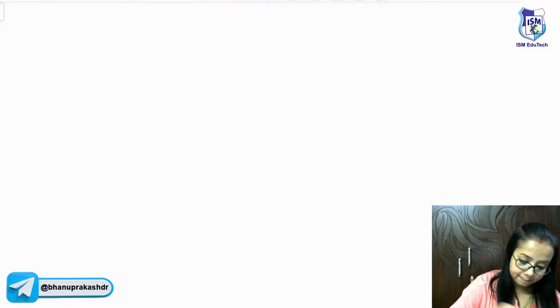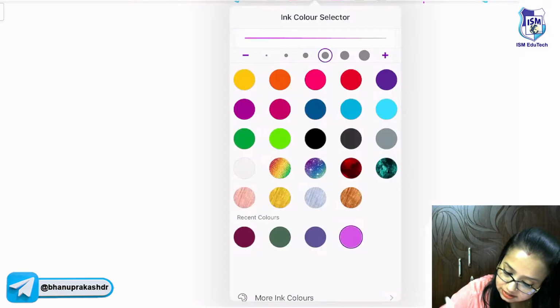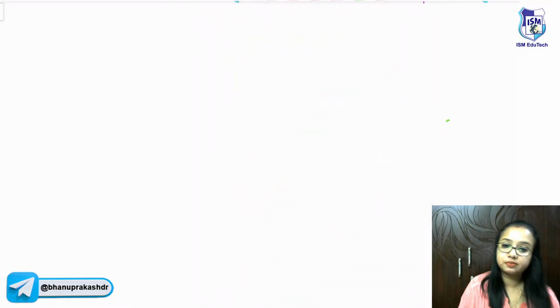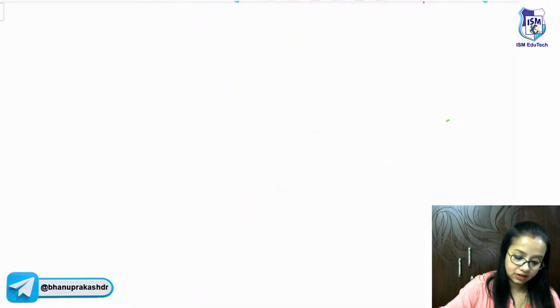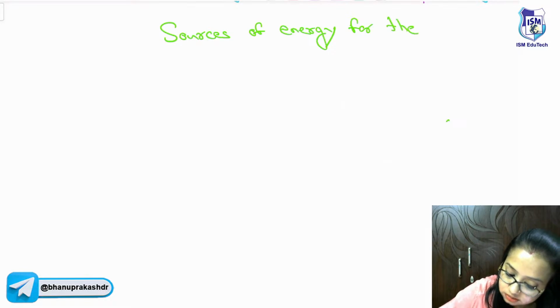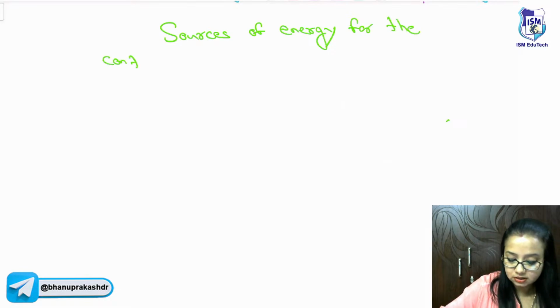Now, moving on to the next section, which is the sources of energy for the contraction of muscle.